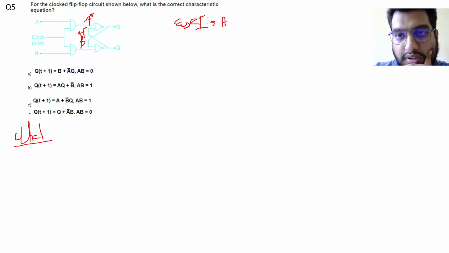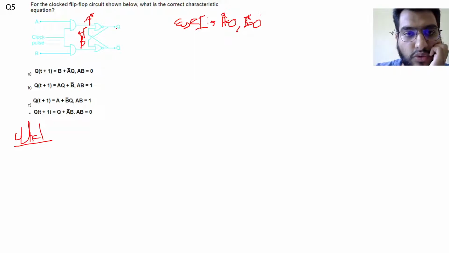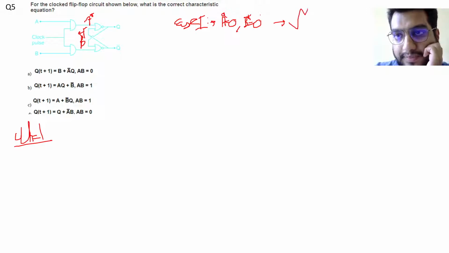So A star will be 0 and B star will be 0. And let's assume Q was equal to 1 and Q complement will be 0. So when Q was 1, this 1 goes here, and 0, 1 for the NOR gate will be 0, and this 0 will go here, so 0, 0 for the NOR gate will be 1. Now let's consider Q was 0 and Q bar was 1. Again we will have a combination where Q will be 0 and Q bar will be 1. So this case is simply our memory.